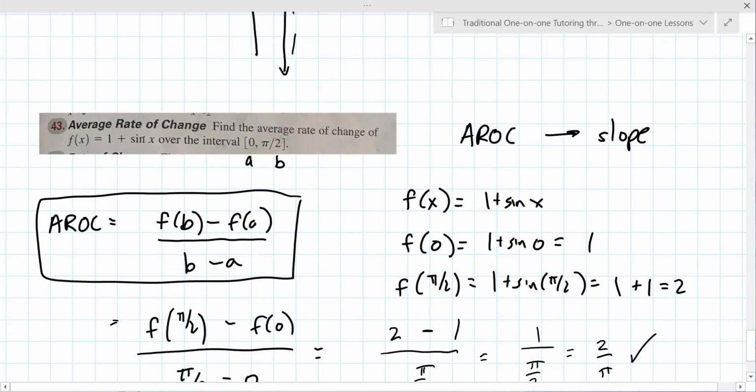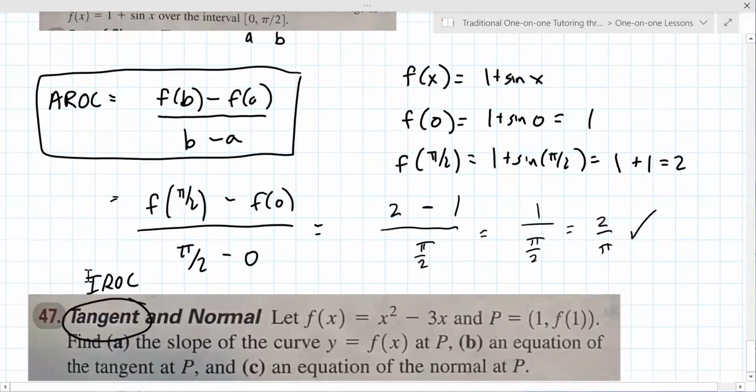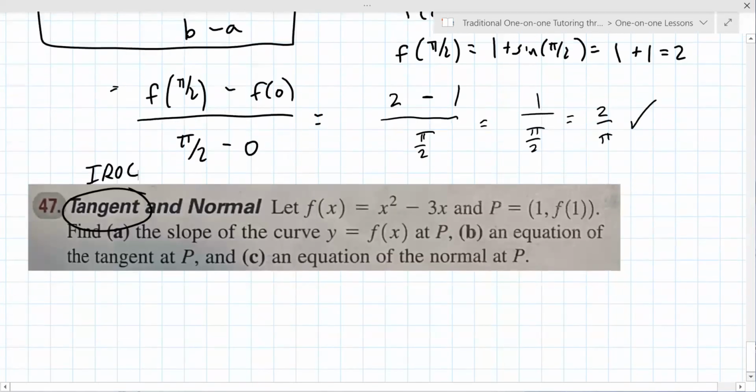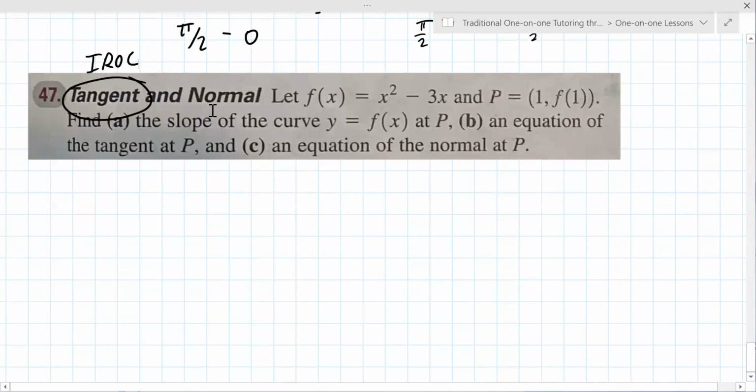You could find the average rate of change of a line, a quadratic, square root, anything. But tangent is always instantaneous. You have to make those distinctions pretty early on in this course to be in good shape. So the tangent line comes from the derivative.